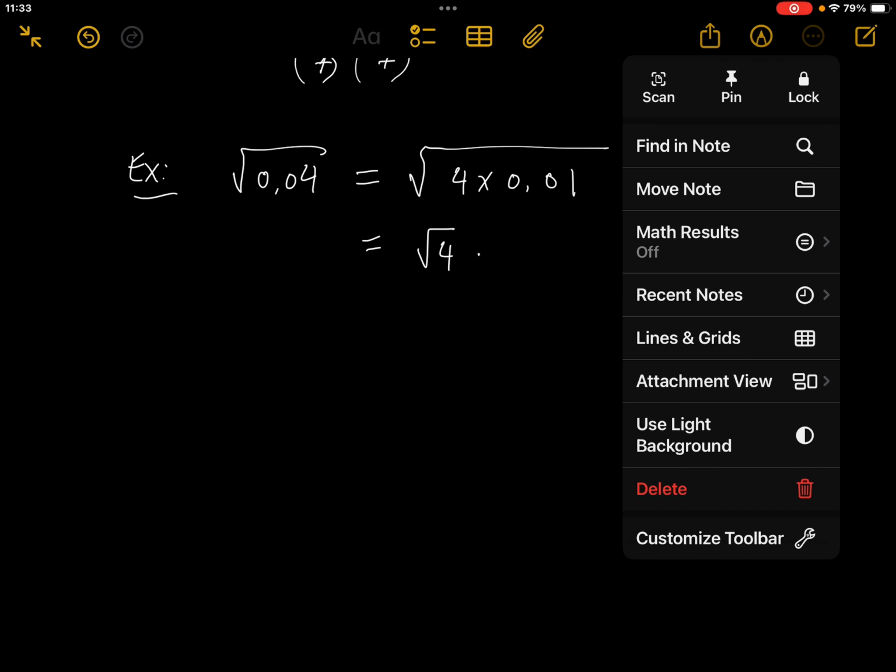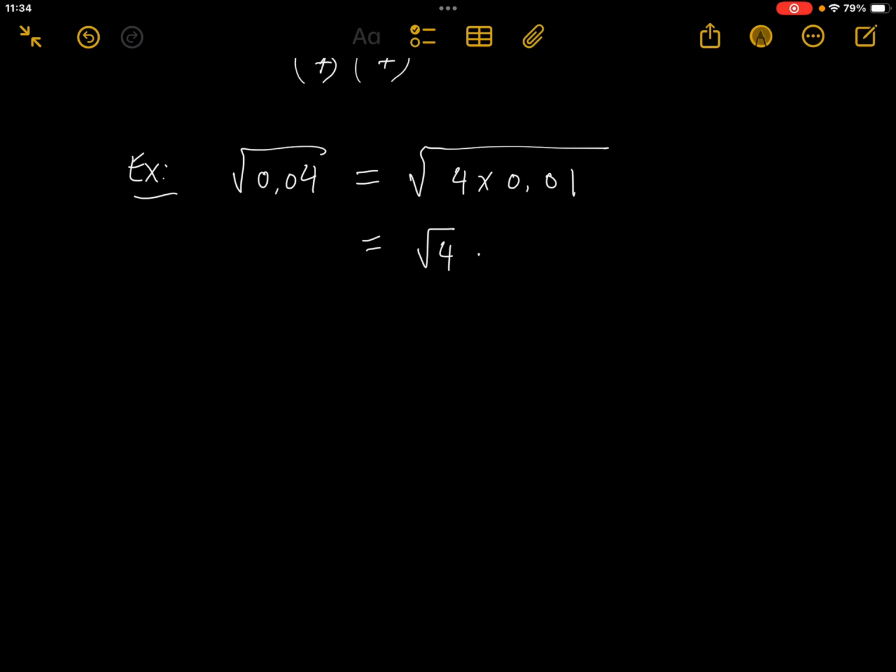Normally I won't put an x there, because I don't want to confuse it with the letter x. The square root of 4 is 2, and for the square root of 0.01 you can either just remember that it's 0.1, or you can convert to fractions. Either way you get 0.1. 2 times 0.1 is 0.2.